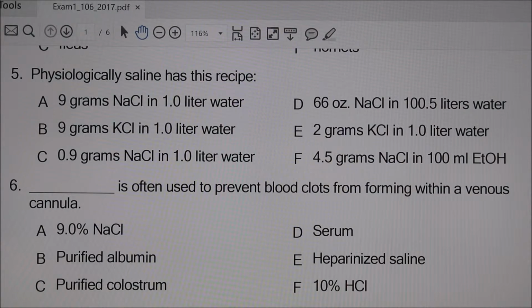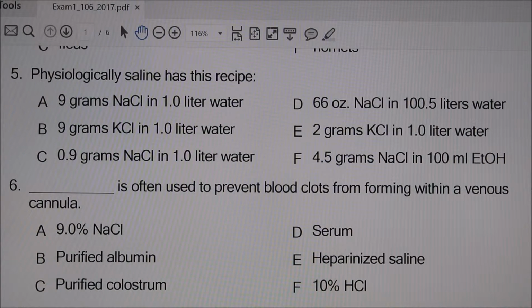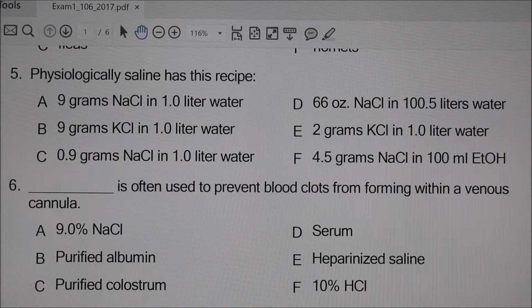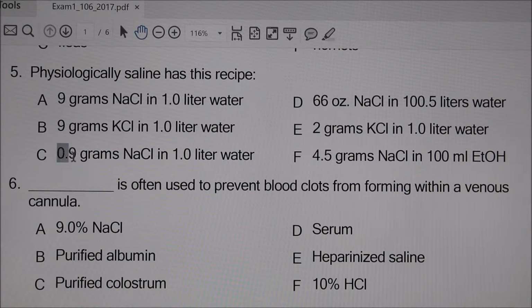Now here's one that had many people stumped, physiological saline. Well, saline is something with sodium chloride, and physiological basically means something that's isotonic with blood. And so a lot of people did something wrong. They saw that 0.9% here, and then they were looking at 0.9 grams of sodium chloride.